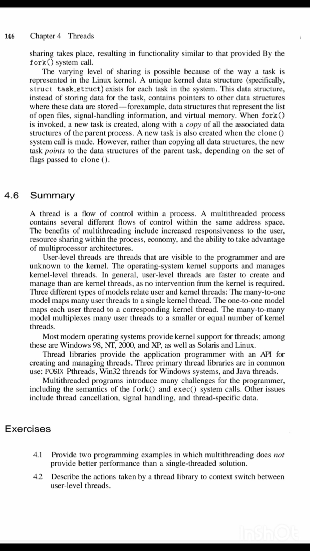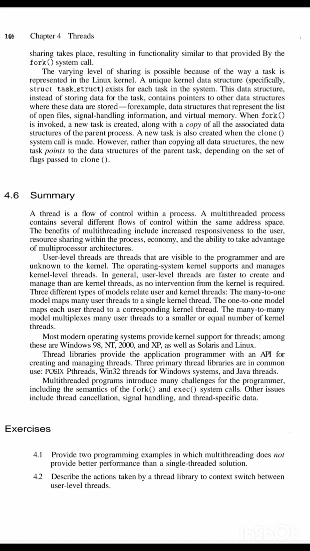User level threads are threads that are visible to the programmer and are unknown to the kernel. The operating system kernel supports and manages kernel level threads. In general, user level threads are faster to create and manage than kernel threads, as no intervention from the kernel is required.